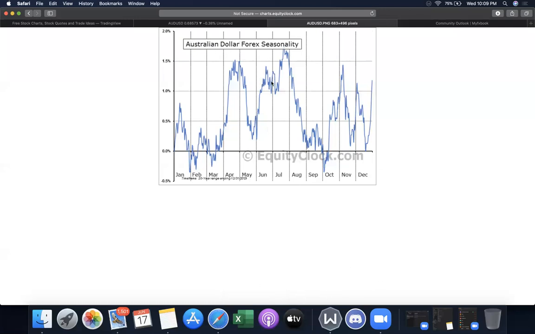From middle of June to the end of June, we have what? Downtrend, right? And you see how it's even doing a little pullback up, come down, pull back up, come back down. So the last 20 years at this specific time in June, Australian dollar was weak to the US dollar, okay?